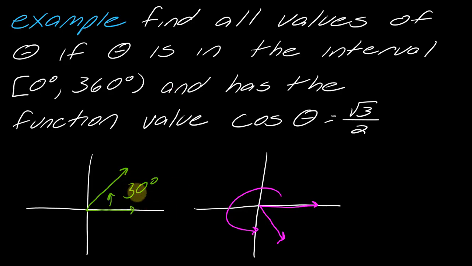So this angle here is 30 degrees, but then how do I figure out this one here? Well, I know that the reference angle is 30, so I can just take 360 minus 30 degrees. So I can kind of reverse engineer that process I had from earlier. So this will give me 330 degrees, and so those would be the 2 values of theta that would work in this case.